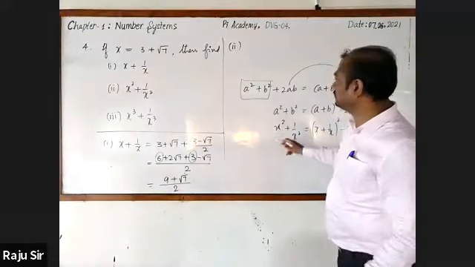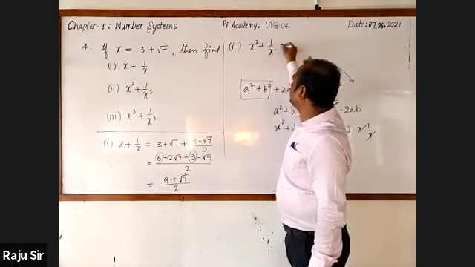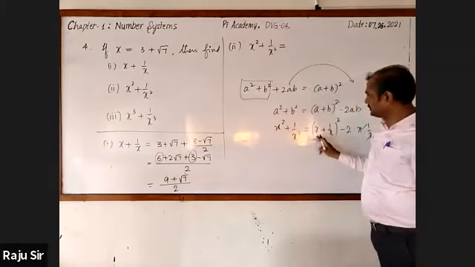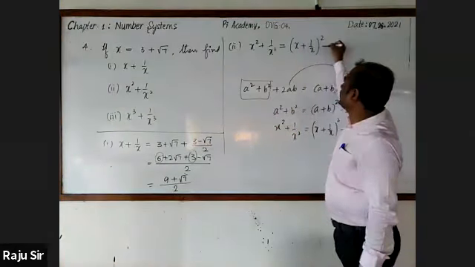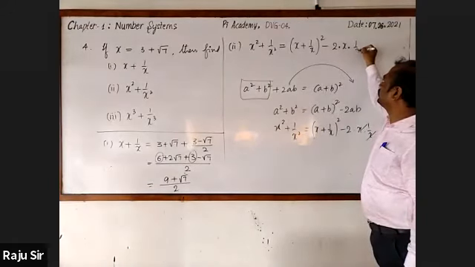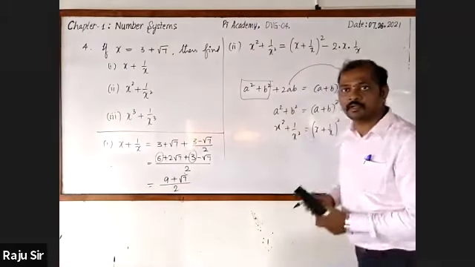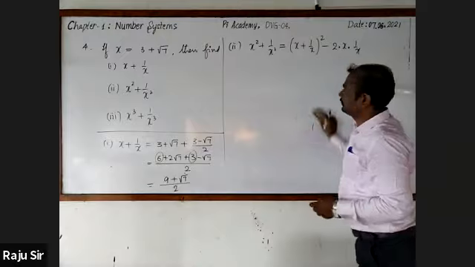So I write x square plus 1 by x square directly as x plus 1 by x whole square minus 2 into x into 1 by x. Clear? Yes, sir. Good. Okay.